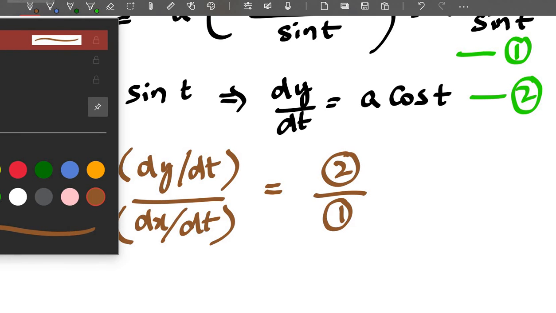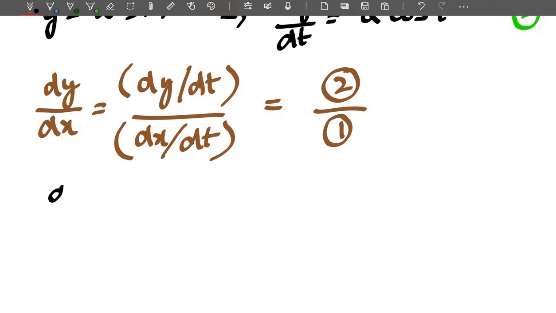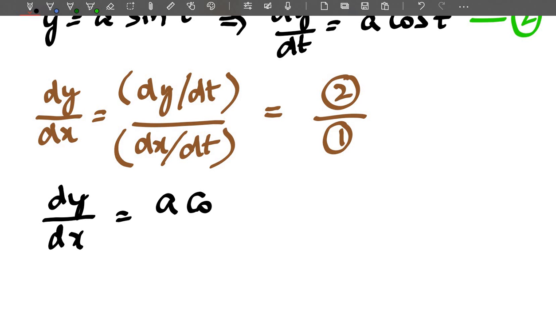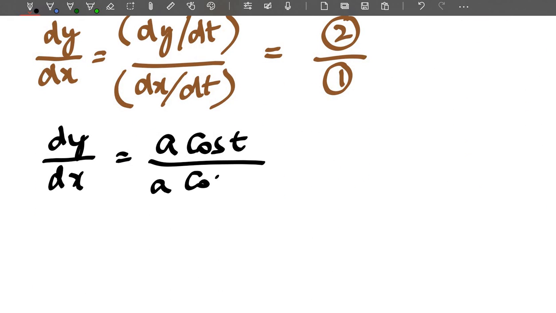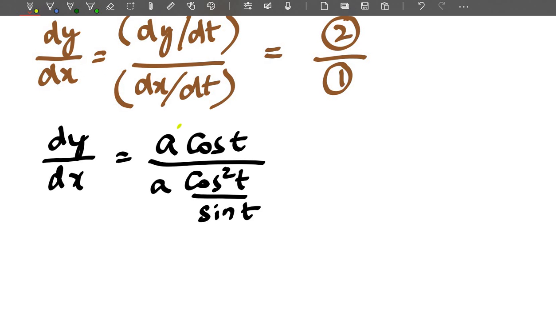So which will give us dy by dx, which is the required thing, a cos t divided by a cos square t by sin t. So the a and a are getting crossed, and 1 cos t and 1 cos t are getting crossed.